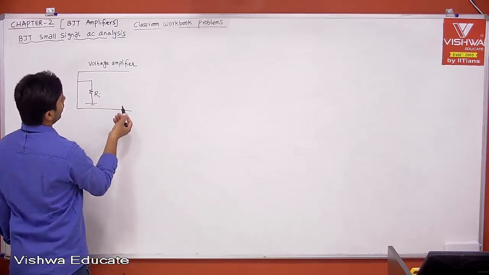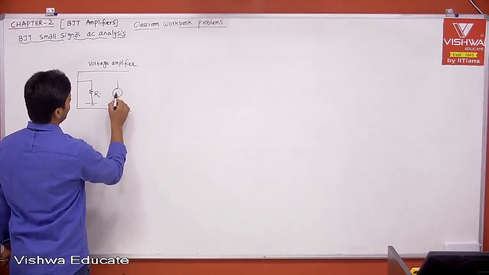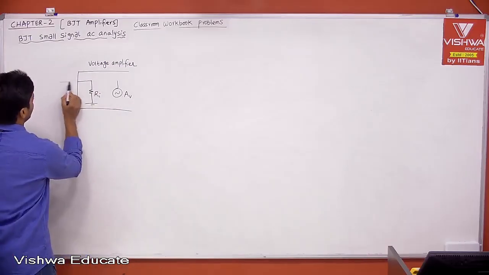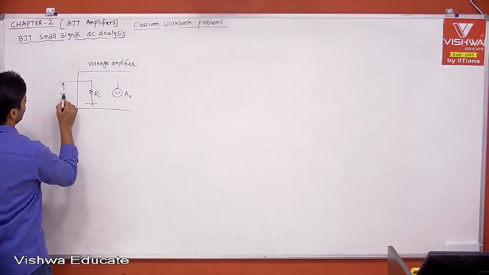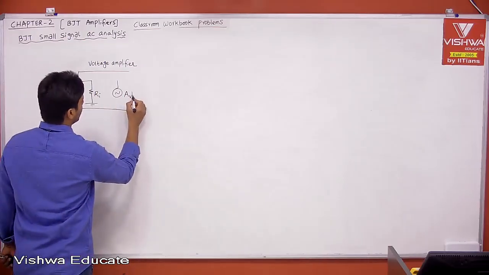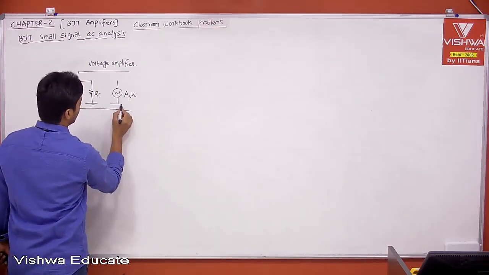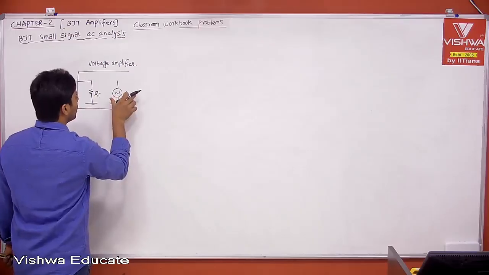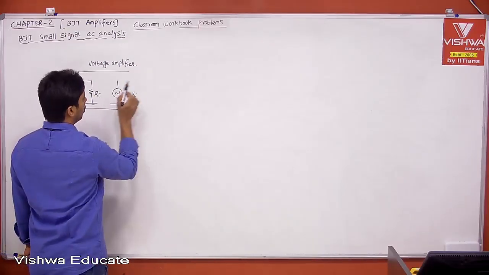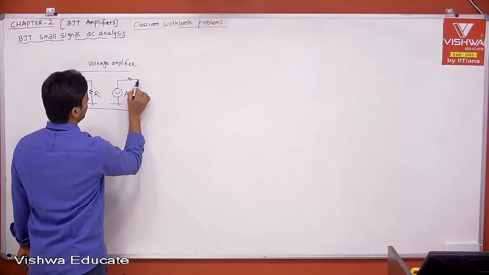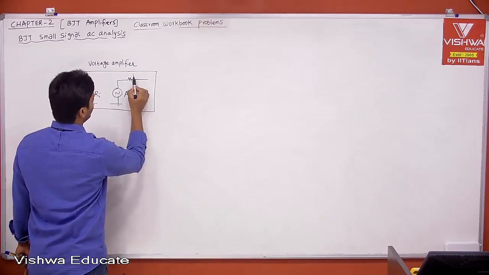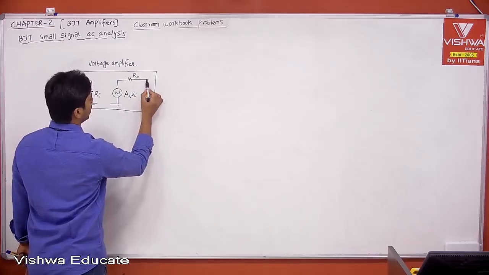Then if I model your amplifier something like this, because it is a voltage amplifier having voltage gain AV, whatever input signal Vi you give, it will amplify with the gain of AV, therefore AV into Vi. This amplified signal we are trying to give to your load, but it is a source for your load, and it will have output impedance R0, that is what we represent.